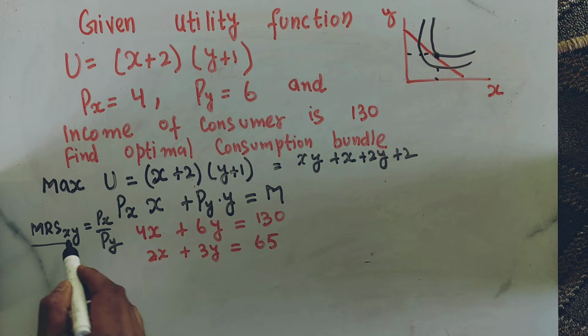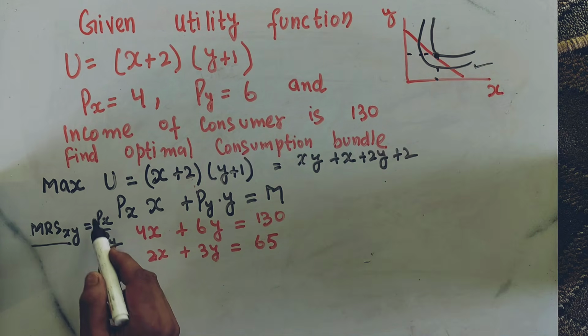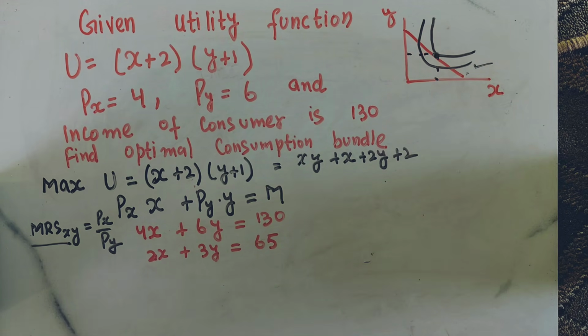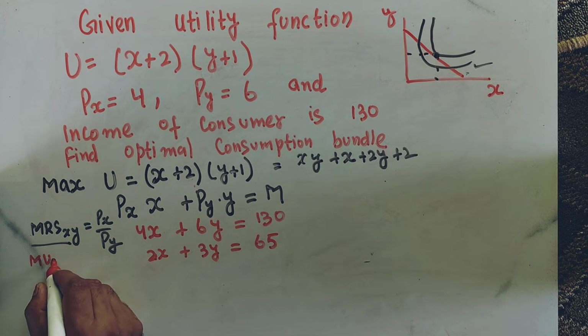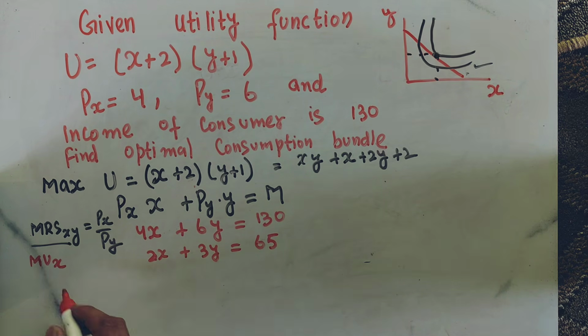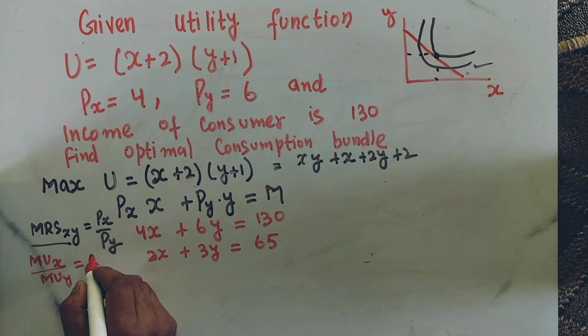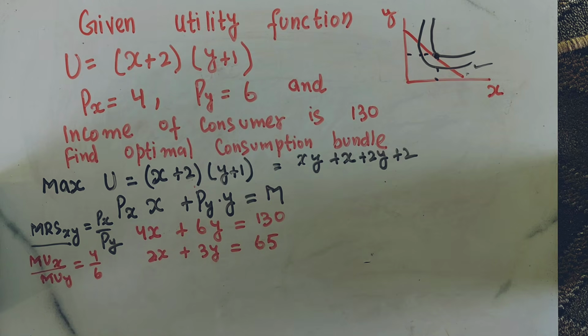This denotes the slope of the indifference curve, and this ratio denotes the slope of the budget line. So MRS, as we know, is simply the ratio of marginal utility of good x upon marginal utility of good y, and it should be equal to Px upon Py. Px is 4, Py is 6, so we have 4 upon 6.